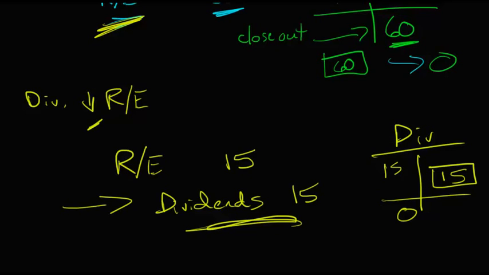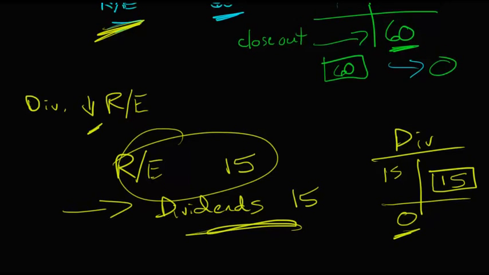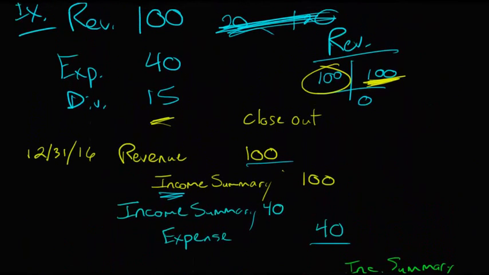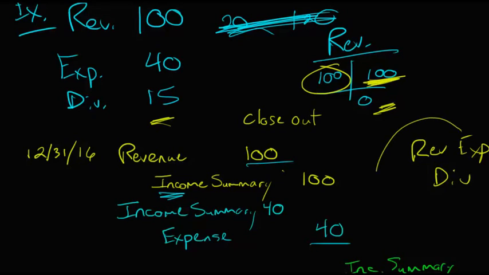We credit dividends by 15. We debit retained earnings by 15. So ultimately now, dividends are 0. And if we think about our expenses, our revenue is 0. Our expenses are 0. So we closed out our 3 temporary accounts, revenue, expenses, and dividends, and ultimately put them in retained earnings, which is a permanent account. Retained earnings will just continue forever going forward.